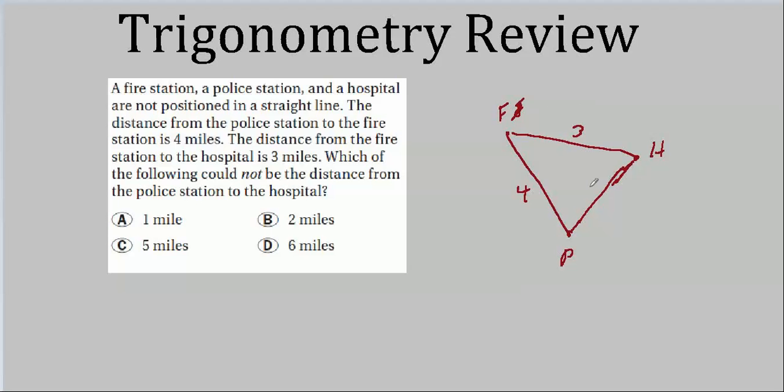The sum of any two sides has to be greater than the other side. So let's say pH here. 3 plus pH has to be greater than 4. So pH is greater than 1.